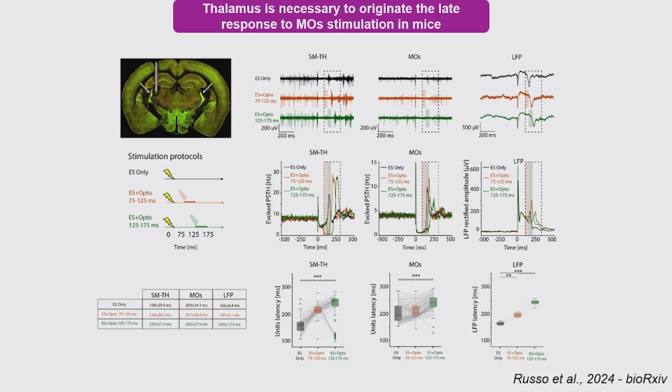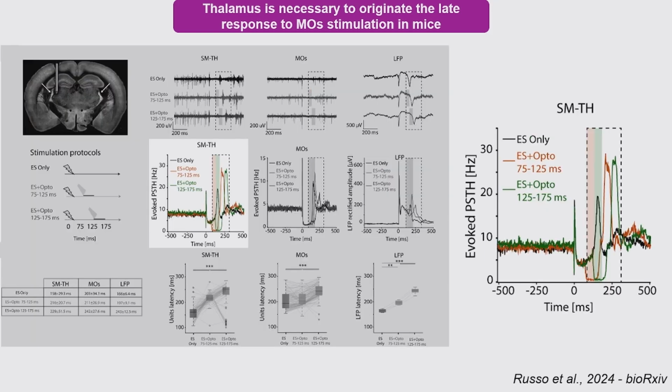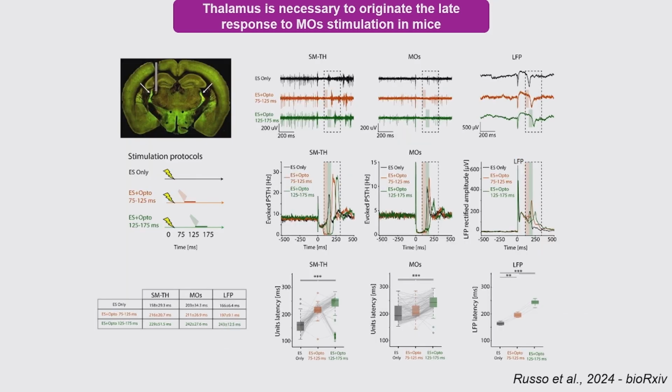In this study, they injected an external electric stimulation and then measured the activity. They also did this in a condition where they inhibited the thalamus via optogenetics at 2 different time spots.